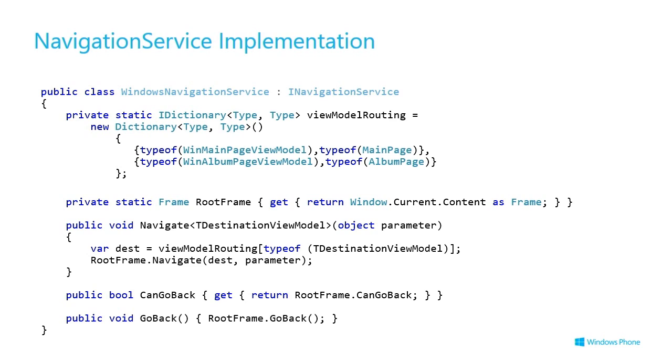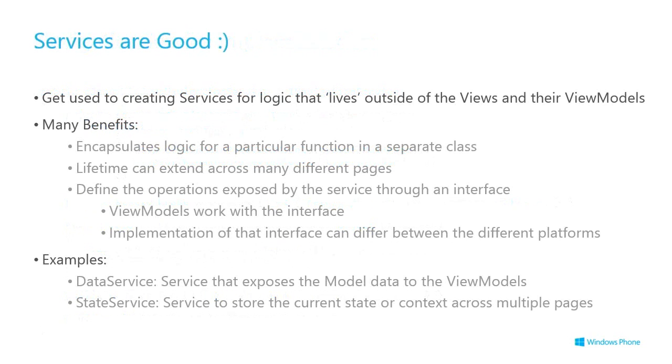And here's a simple example of an INavigationService where we implement methods like navigate, can go back, and go back as a generic kind of navigation model. INavigationService is the interface which simply defines the signature of the methods we have to implement. But the implementation is different on the Windows 8 side than it is on the Windows Phone 8 side.